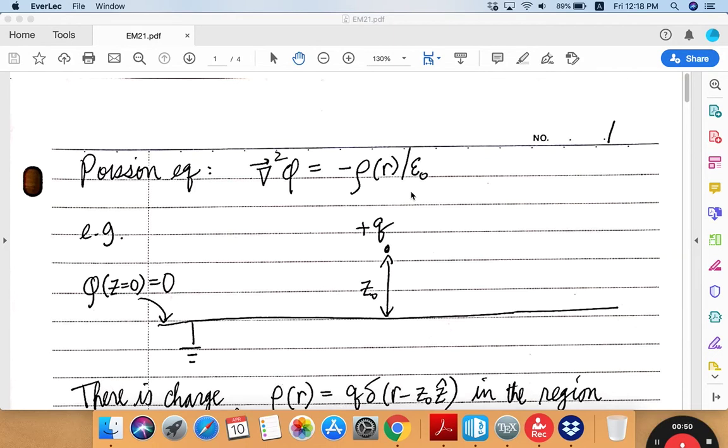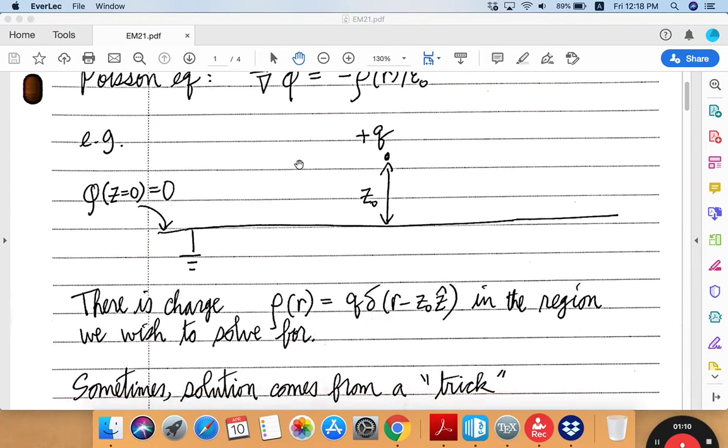So rather than tackling this as a general problem, we might want to just consider a very special and a very simplified case of the Poisson equation at play.